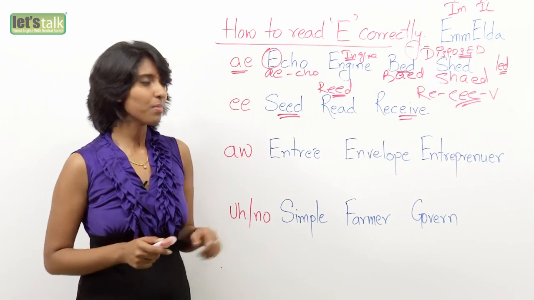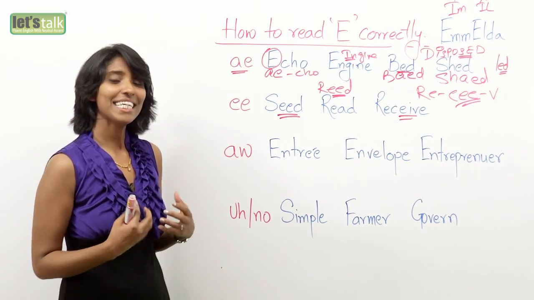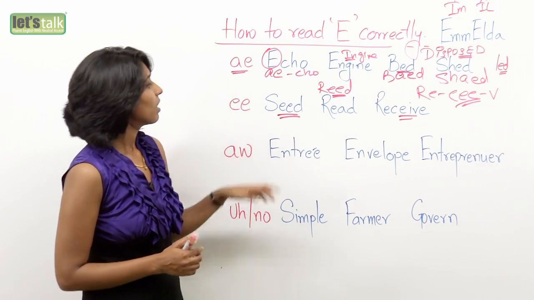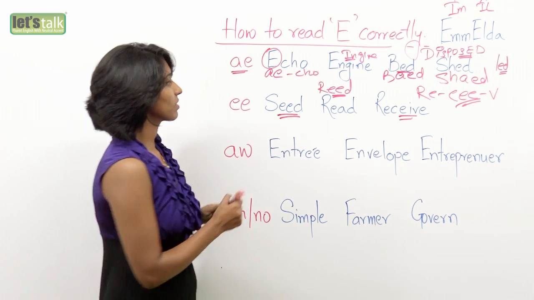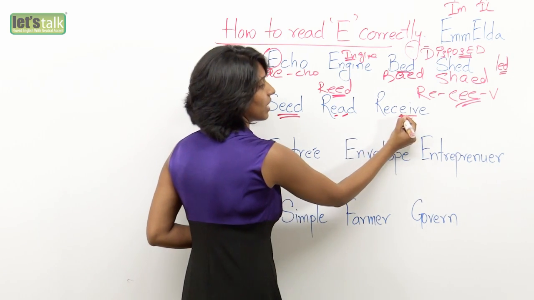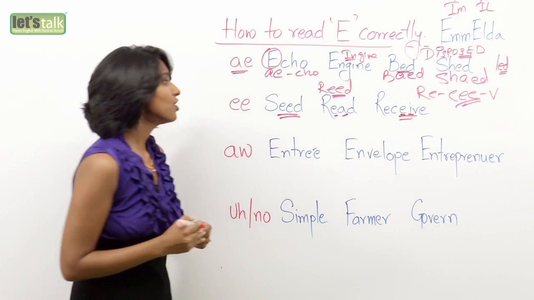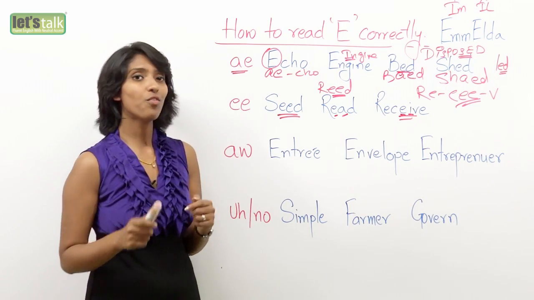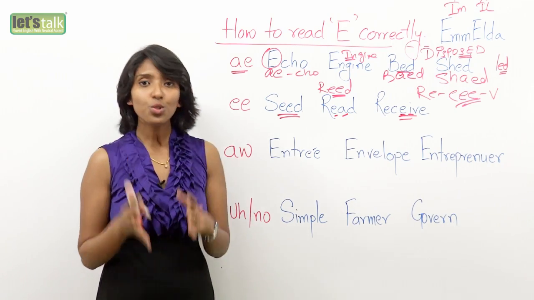But do you notice something special about this? The E comes with another vowel: E-E, E-A, E-I. So more often than not, if you have two vowels and one of them is E, usually it will take the long E sound.